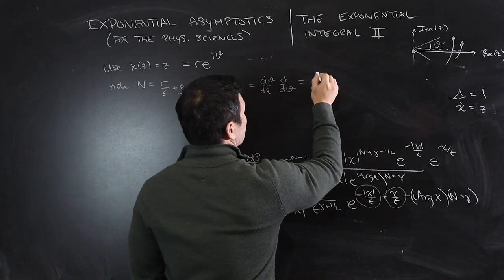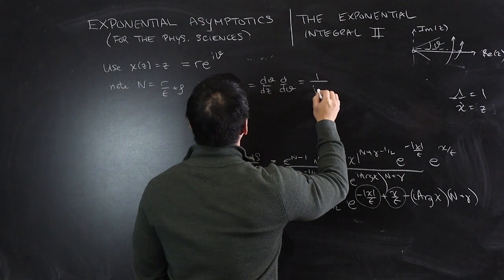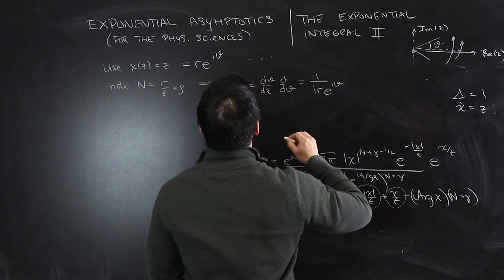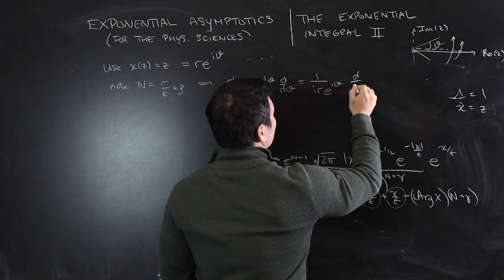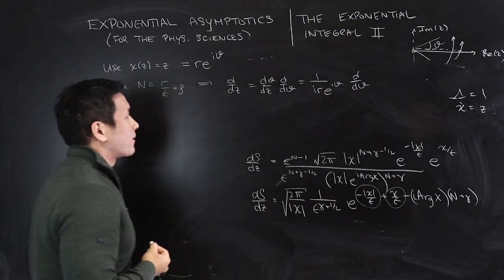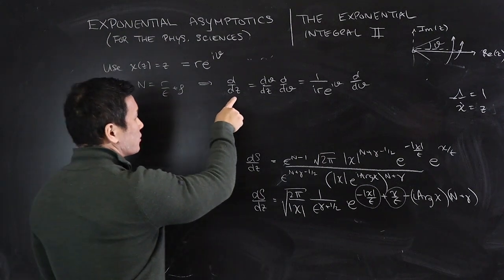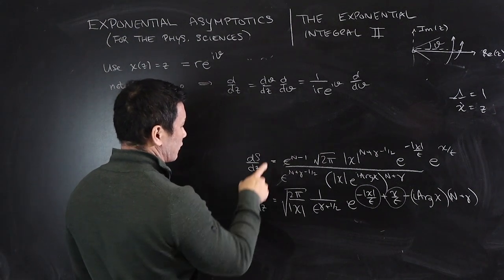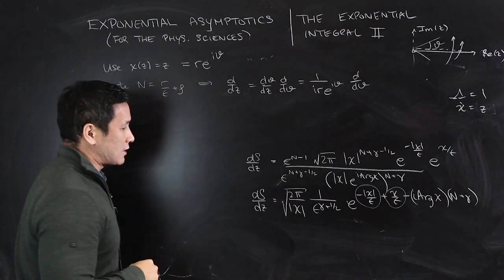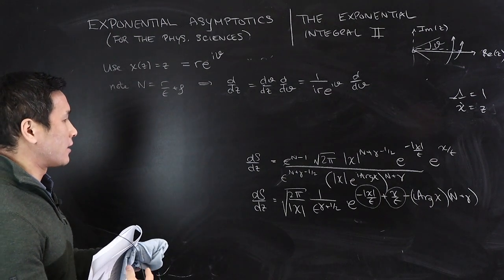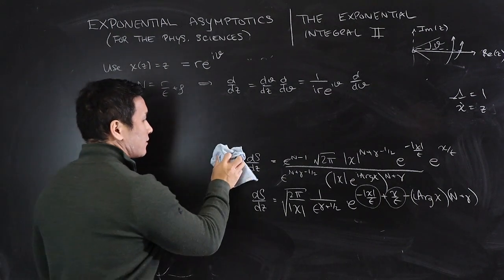And that's basically just 1 over I times r times e to the I times theta d theta. Okay, so now I can put this change in derivative into this ds dz quantity, convert everything into d thetas, and then stare at that for a bit.